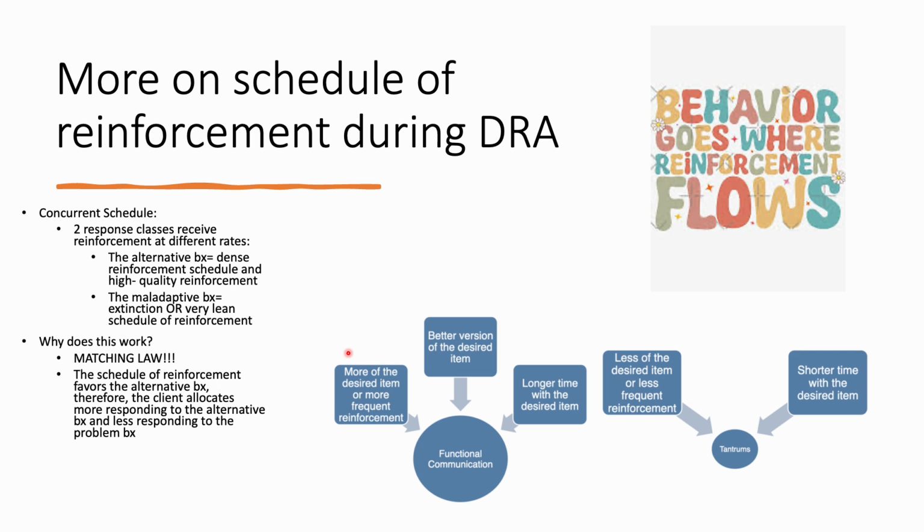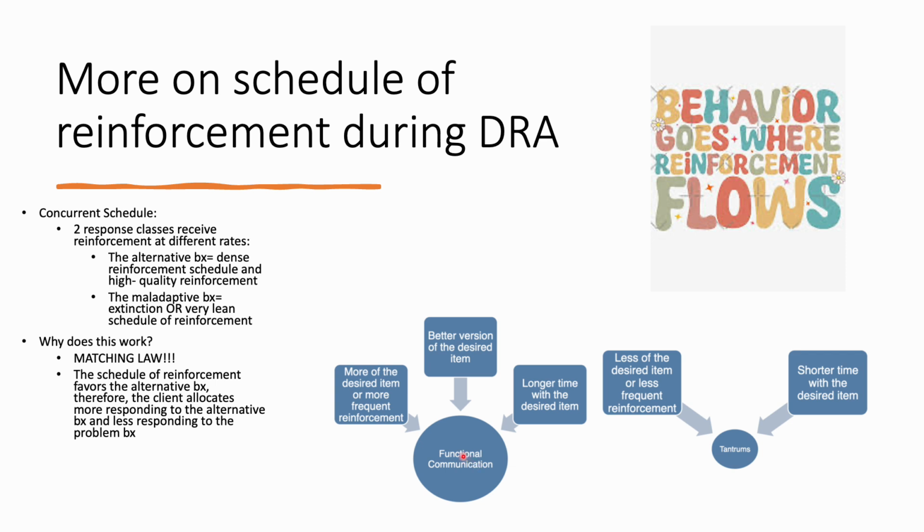Well, in the case of DRA, the alternative behavior is going to be receiving a dense reinforcement schedule, meaning very high rates of reinforcement. You're very frequently reinforcing the behavior, or in most cases, you're providing continuous reinforcement for that appropriate alternative behavior that you're trying to increase. And that reinforcement is going to be very high quality.